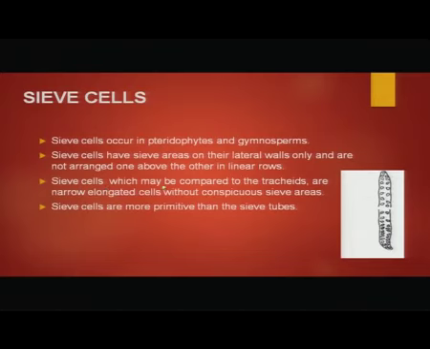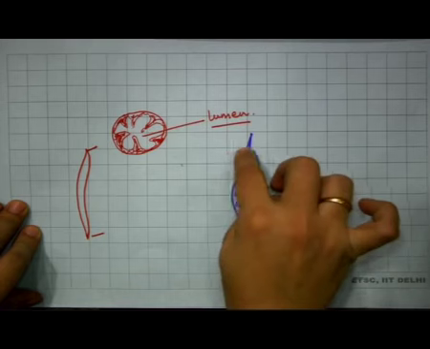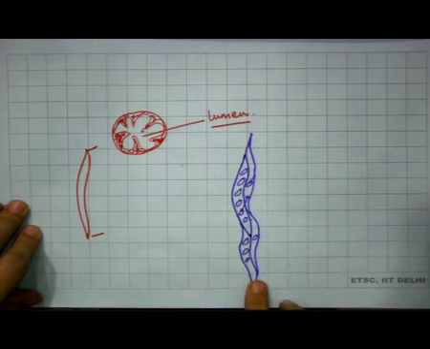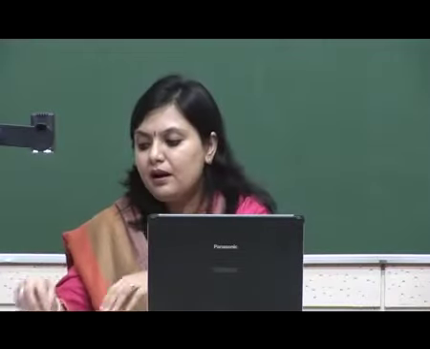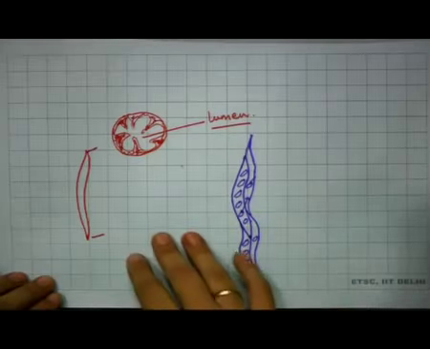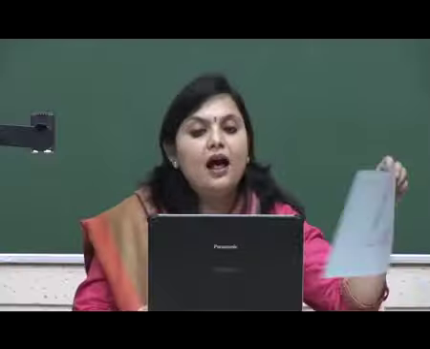Sieve cells, which may be compared to tracheids, are narrow elongated cells without conspicuous sieve areas and they are more primitive than the sieve tubes. As I had shown you the arrangement of tracheids, this is how even the sieve cells are arranged. They are not arranged in a stacking order one over the other, but they are arranged sideways in the plants and they are more primitive.